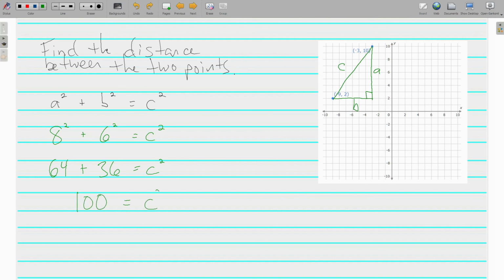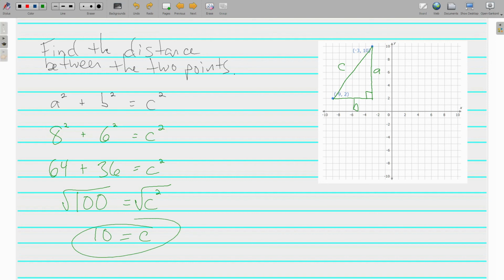Now we're not interested in C squared, we need C. So to undo C squared, we take the square root of both sides, and we end up with C equal to 10, just like we did on the other screen.